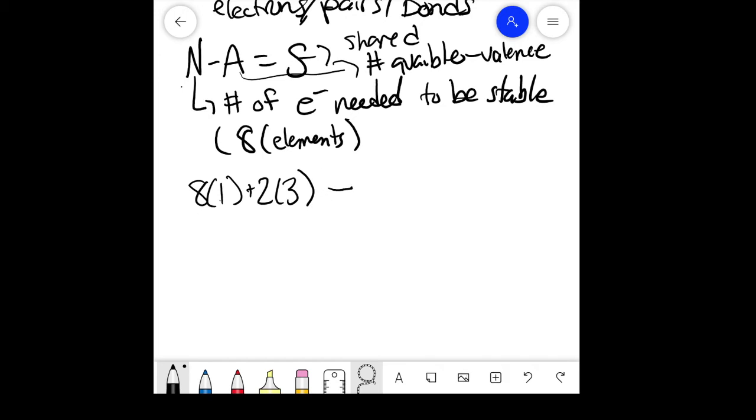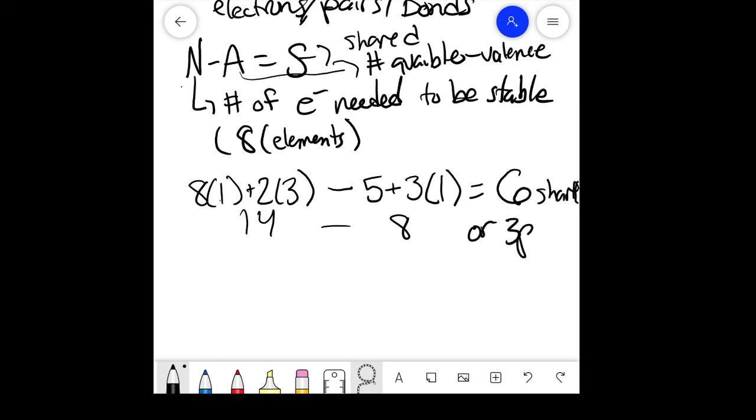And then we would subtract that by our valence electrons. So we have 5 from the nitrogen, plus 3 hydrogen, and they each have 1. So that would be 14 minus 8, which would be 6. So we have 6 shared electrons, or we have 3 pairs.